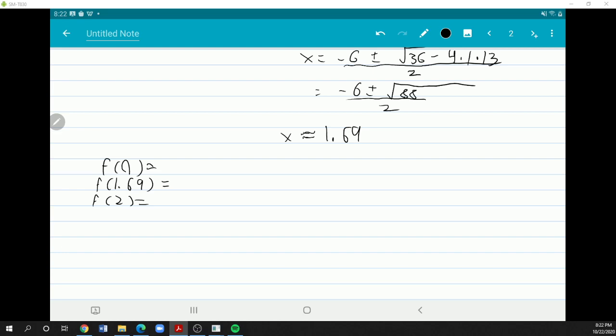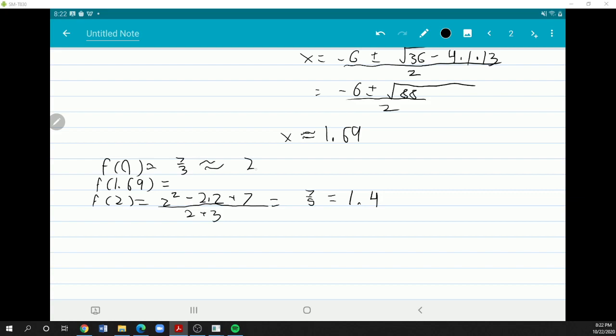So h of 0 is going to be 7/3, which is roughly 2.33. H of 2 is going to be 2 squared minus 2 times 2 plus 7 over 2 plus 3, which equals 7 divided by 5, which is 1.4.